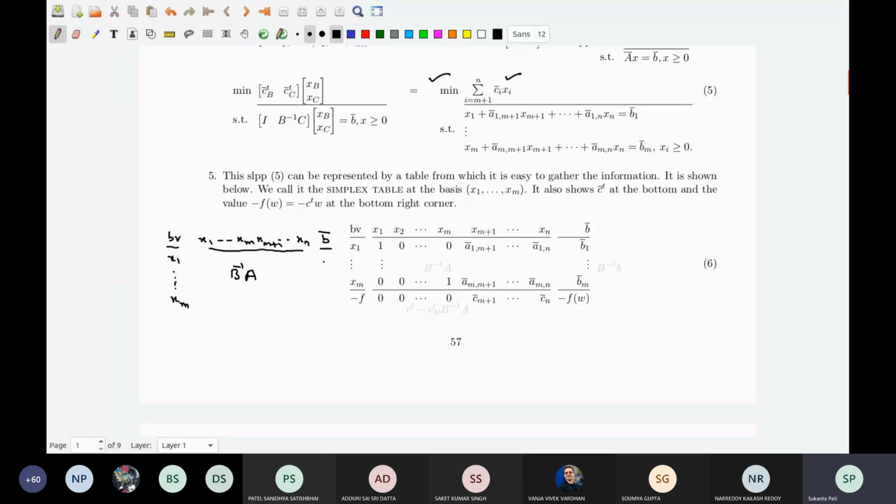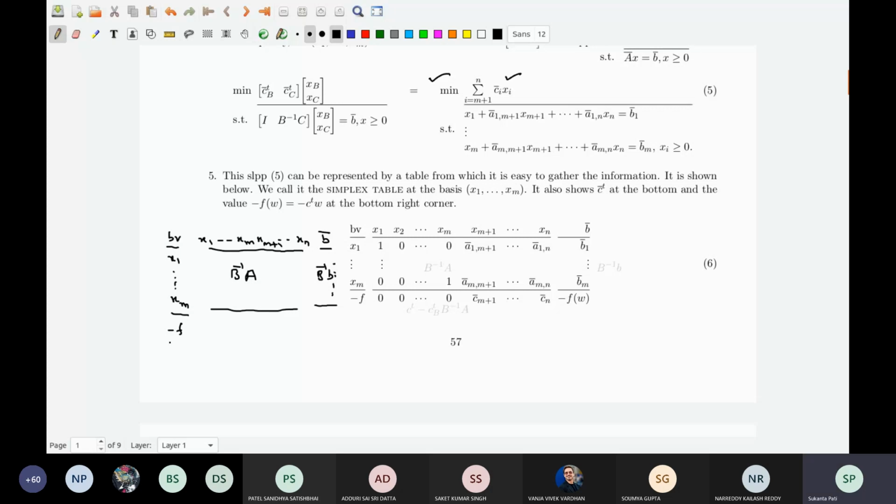And here you write B inverse b, which is a vector, while this is a whole matrix. And then here, this is unnecessary, but some people write it for minus f.